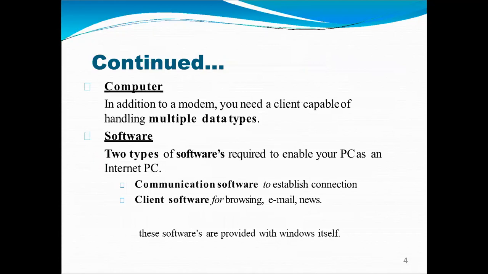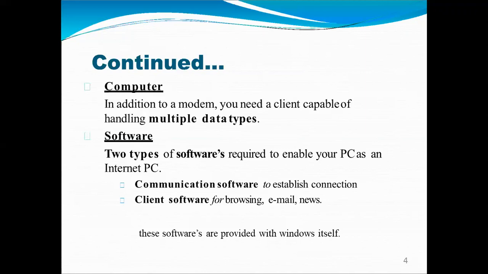Then obviously you need a computer or a device, and there is also the software. There should be communication software and client software through which you will connect with the network. Both the communication software and the client software are inbuilt in most of Windows and all the other operating systems.